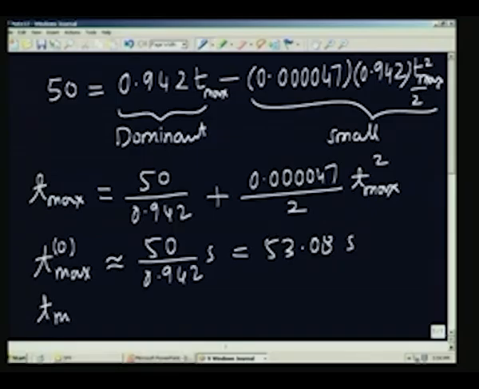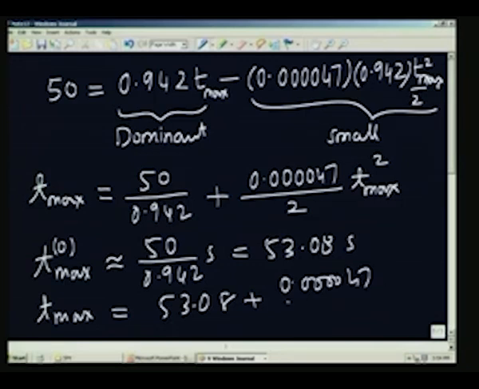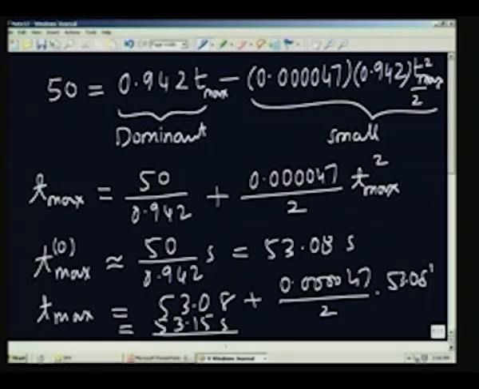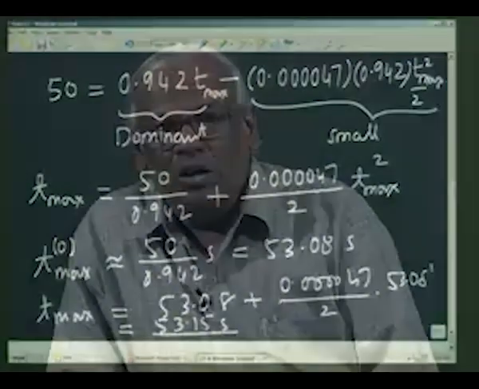So, T max improved will be equal to 53.08 plus 0.000047 divided by 2 into 53.08 whole square, and this turns out to be 53.15 seconds. Because the loss coefficient is very small, the time over which it can be used without exceeding the temperature specified for the slug is about 53 seconds.